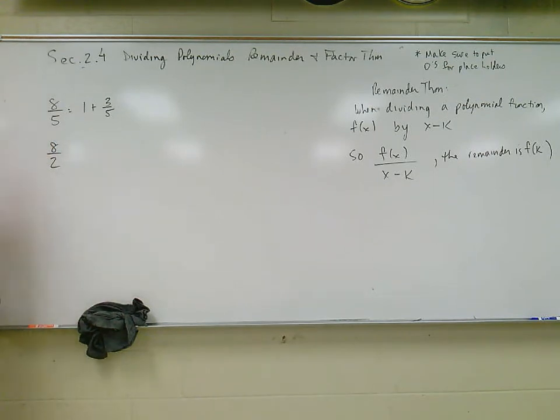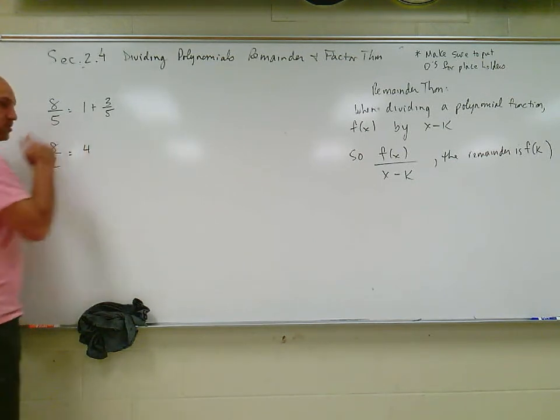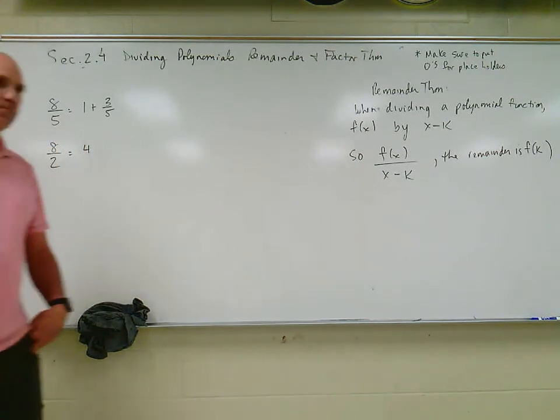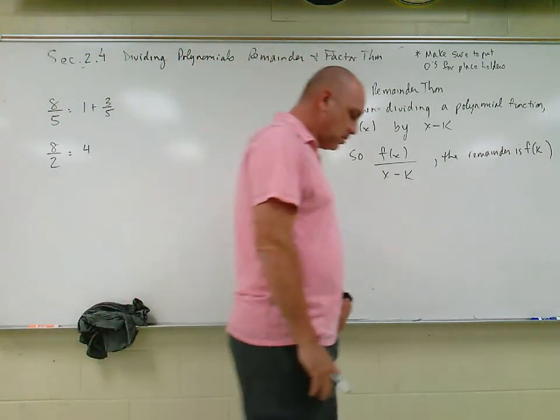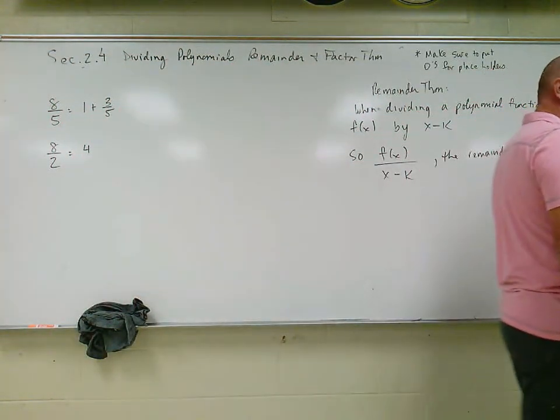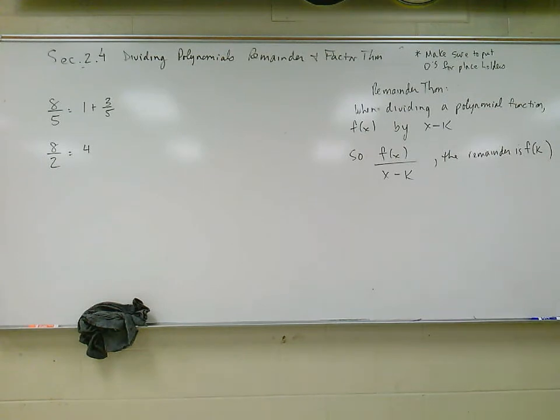All right, do this one for me. 8 divided by 2, write your answer. I'm doing this on purpose, okay? So Colton, 8 divided by 2 is 4, but what do we not have? Remainder. But notice what that means.